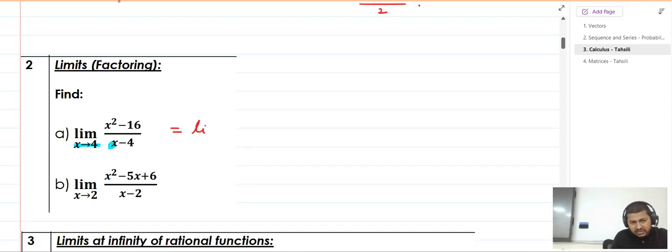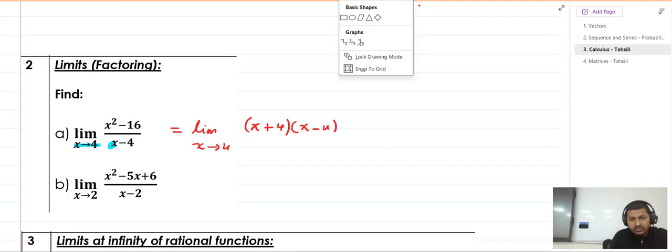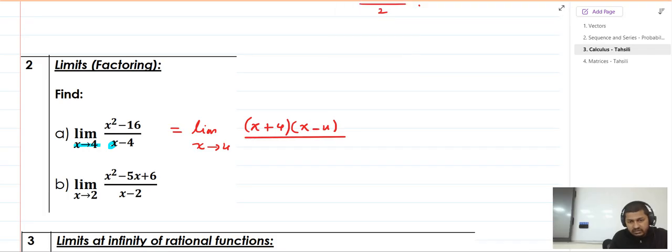We say limit as x approaches 4 of, this is a difference of two squares, so x squared minus 16 is x plus 4 times x minus 4, or you can think about factoring a trinomial, divided by x minus 4.